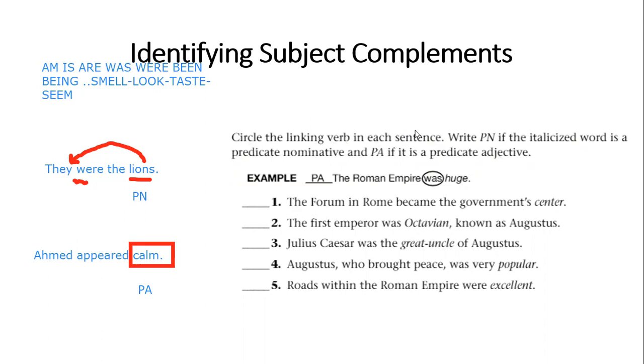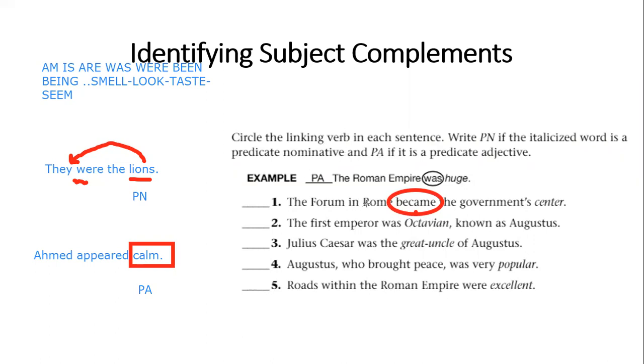Where is the verb here? This is the verb became, right? So let's circle first the verb. We have to circle this, okay? Became, right?